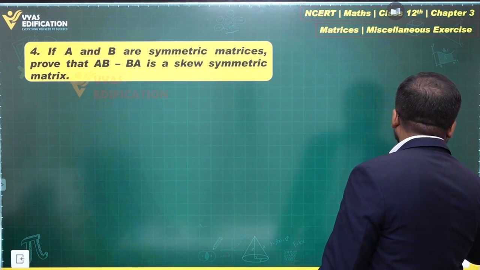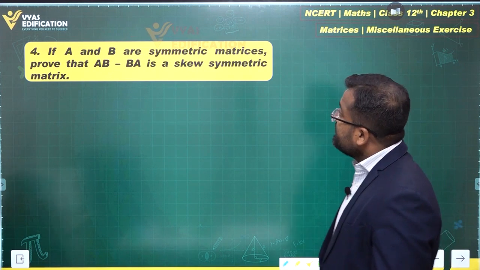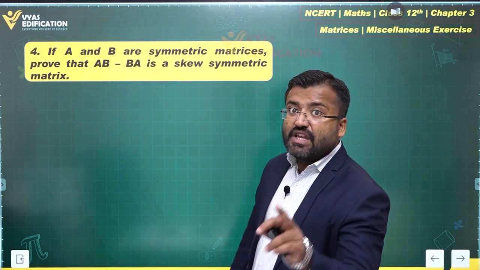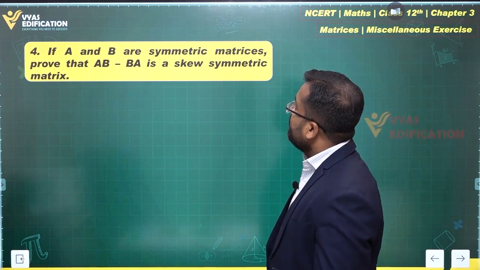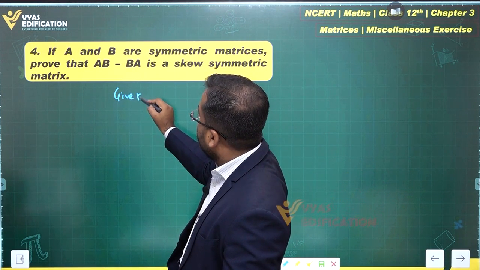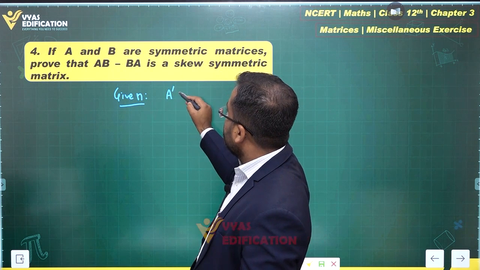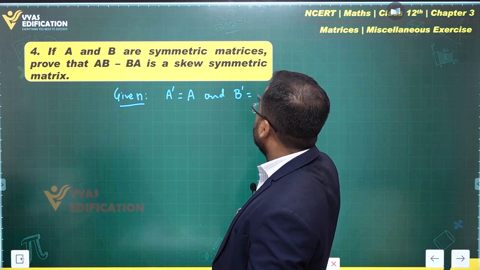So if A and B are symmetric matrices, they should be of the same order, by the way, so that this can be defined, right? That's very important. If A and B are symmetric matrices, prove that. So given A prime is equal to A and B dash is equal to B, right?